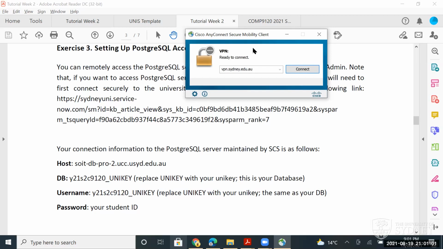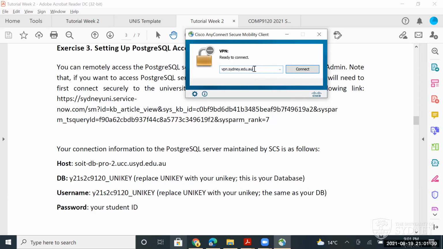So before you connect to your database sitting in the university school PostgreSQL database server, you have to first install the VPN software and then put in the VPN address that you're connecting to, vpn.sydney.edu. So this is the university VPN address that you need to use.